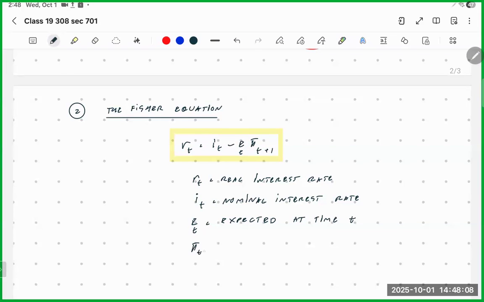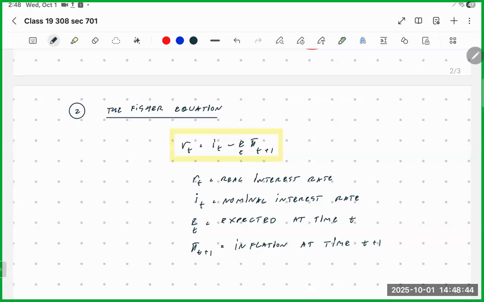Pi_t+1 is inflation in the future at time t+1. So E_t pi_t+1 is what people think today about the inflation that's going to happen tomorrow, or in the future, let's say. This equation is actually how the real interest rate comes about.